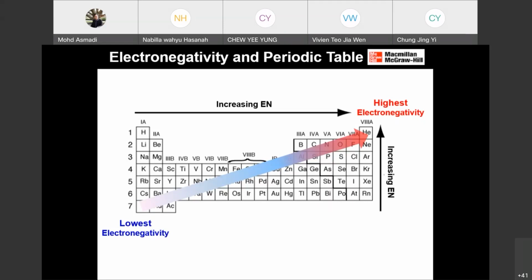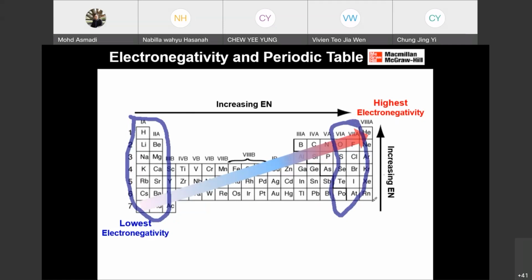We can see from the periodic table that the elements can be classified into metals and non-metals. Metalloids can act as a metal or a non-metal, depending on behavior. One example is the reactive metals, groups 1A to 2A. They have low ionization energy and low electron affinity, so they tend to lose or give electrons. Reactive non-metals, generally groups 3, 4, 5, 6, tend to accept electrons.